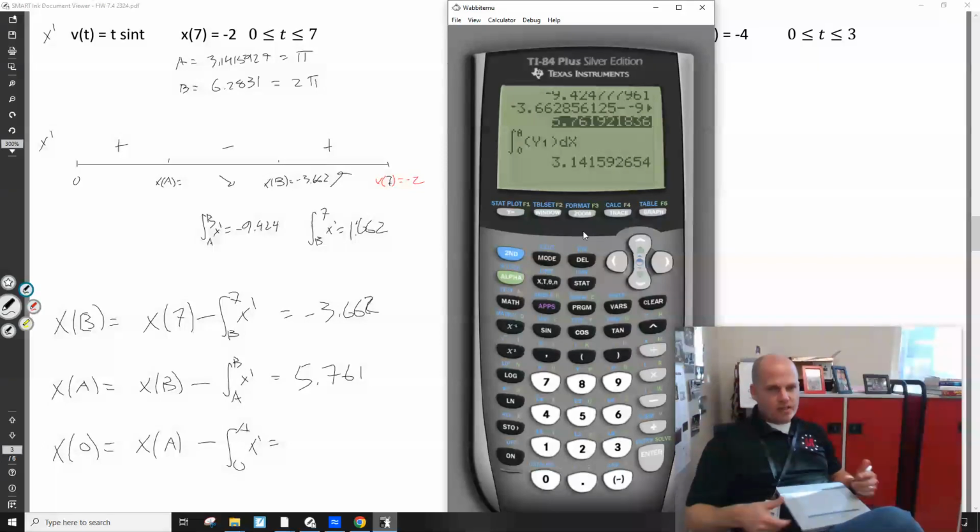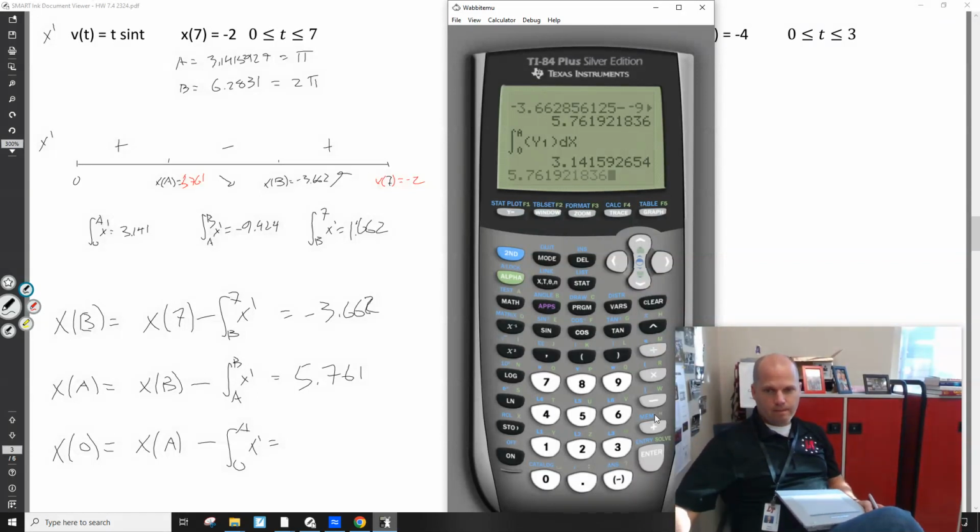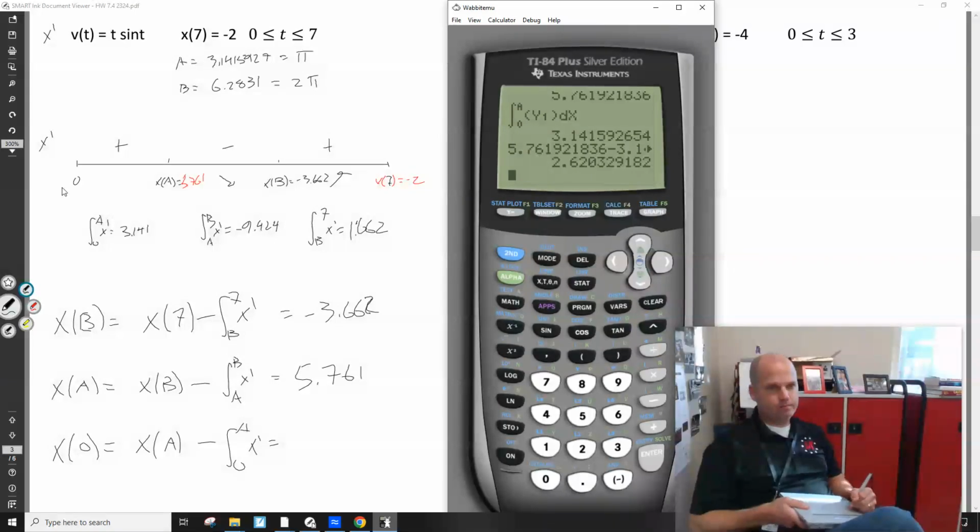I know what x of A is. It's 5.761. I know the accumulation of my derivative from 0 to A is pi. I will take that, subtract that to figure out where I came from.